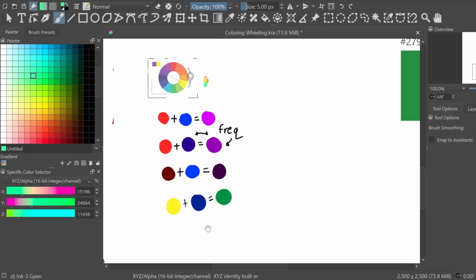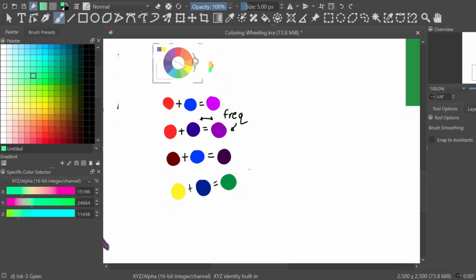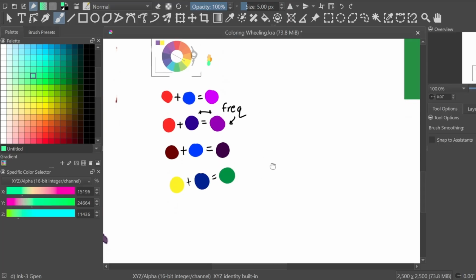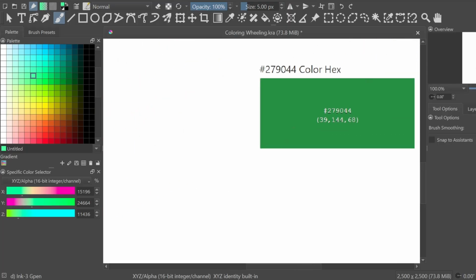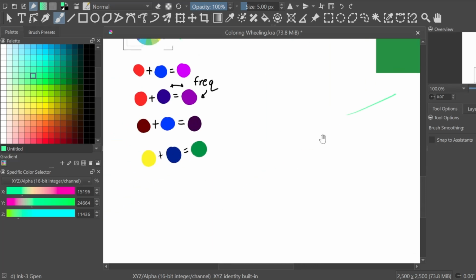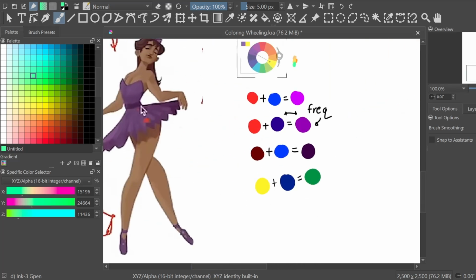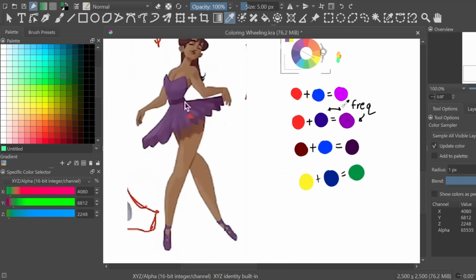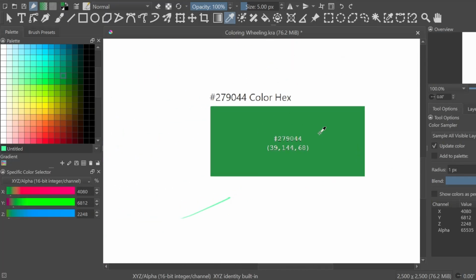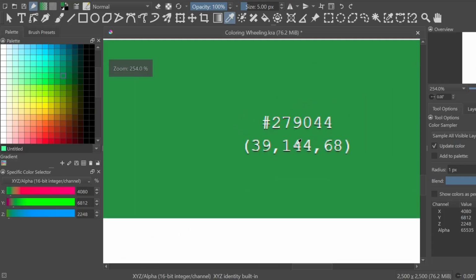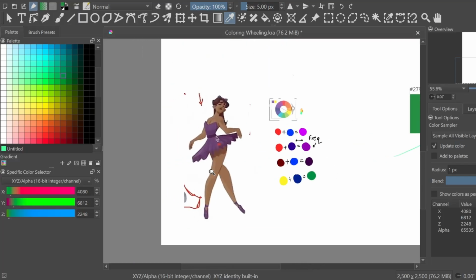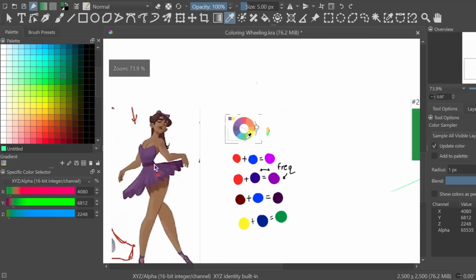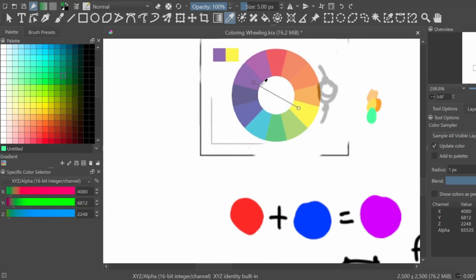Colors are limited by their brightness and what color they are. But this color here is the color that would be really hard to tell apart from this purple. If I were to sample it, it's some specific color. It's hashtag 27904. Even though it's far from purple, it's closer to yellow than it is purple.